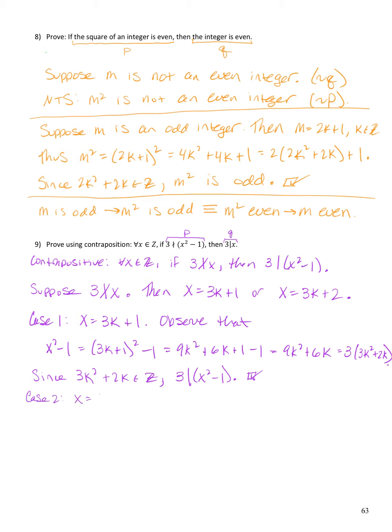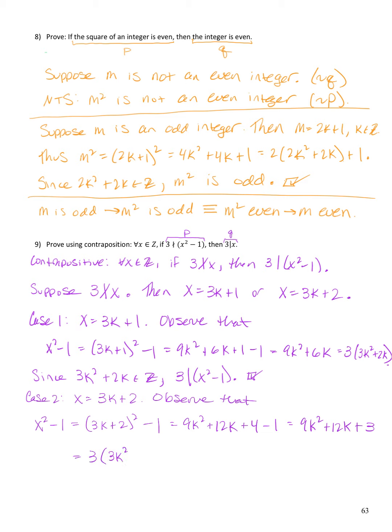Case 2, x equals 3k plus 2. Observe that x squared minus 1 would be 3k plus 2 squared minus 1, which is 9k squared plus 12k plus 4 minus 1, which is 9k squared plus 12k plus 3, which is 3 times 3k squared plus 4k plus 1.